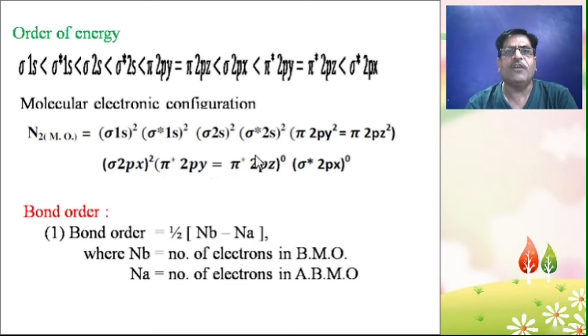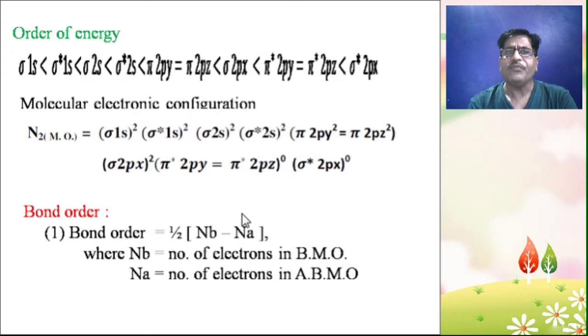So the order of energy: sigma 1s is less than sigma star 1s, less than sigma 2s, less than sigma star 2s, less than pi 2py equal to pi 2pz, less than sigma 2px, less than pi star 2py equal to pi star 2pz, less than sigma star 2px. Therefore the molecular electronic configuration of N2 is sigma 1s2, sigma star 1s2, sigma 2s2, sigma star 2s2, pi 2py2, pi 2pz2, sigma 2px2, pi star 2py equal to pi star 2pz 0, and sigma star 2px also 0.